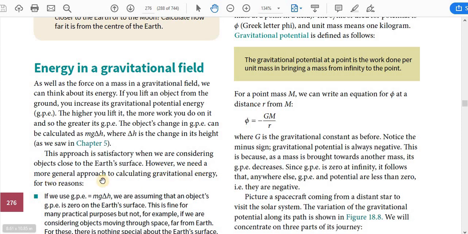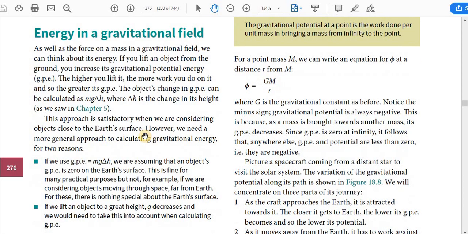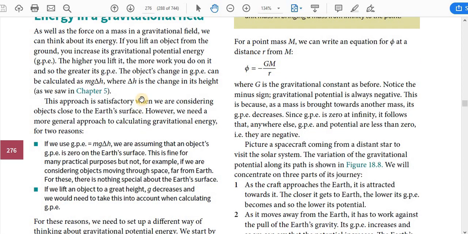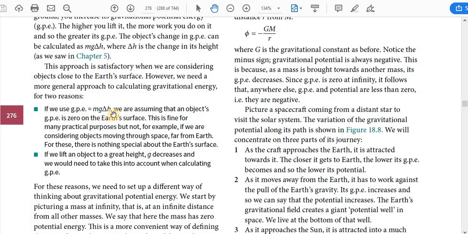However, we need a more general approach to calculating gravitational energy for two reasons. Now this is what I explained earlier. If we use GPE equals mgh, we are assuming that an object's GPE is 0 on the earth's surface.